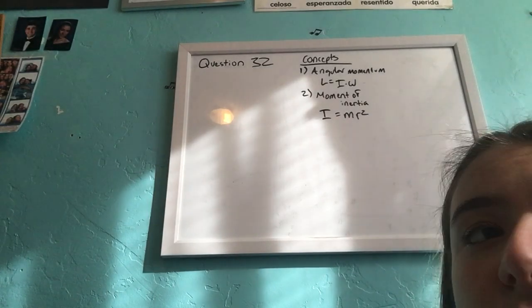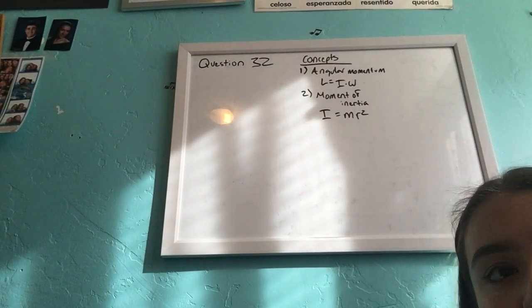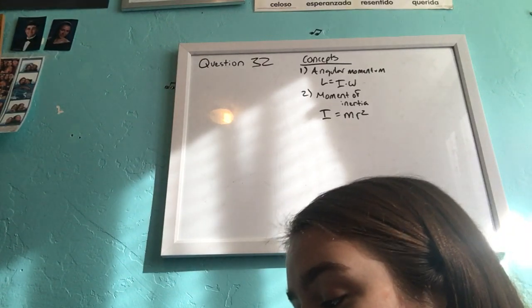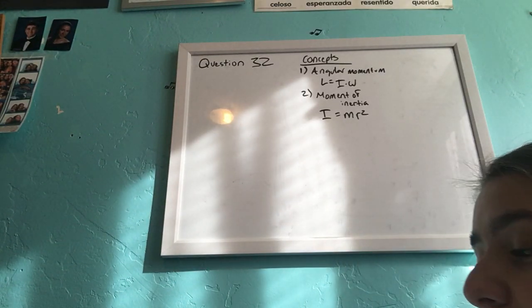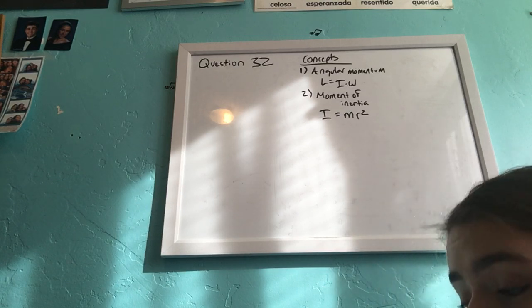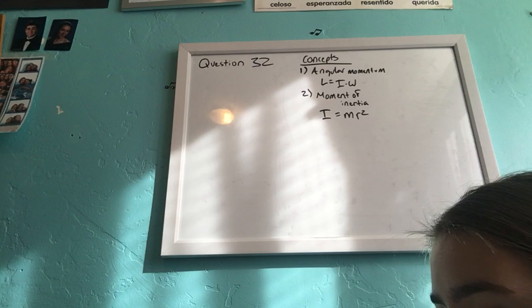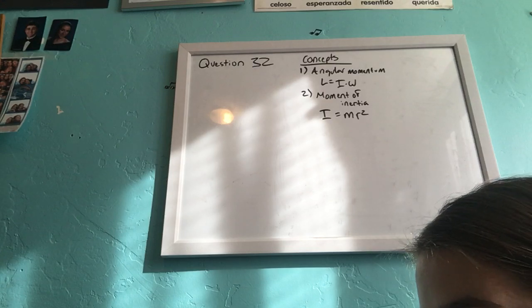Okay, so those are the two important concepts in this question. So now I'm going to read question 32. But first I'm going to read the greater overview for questions 31 through 32. A particle of mass m moves counterclockwise around a horizontal circle of radius r, as shown above.